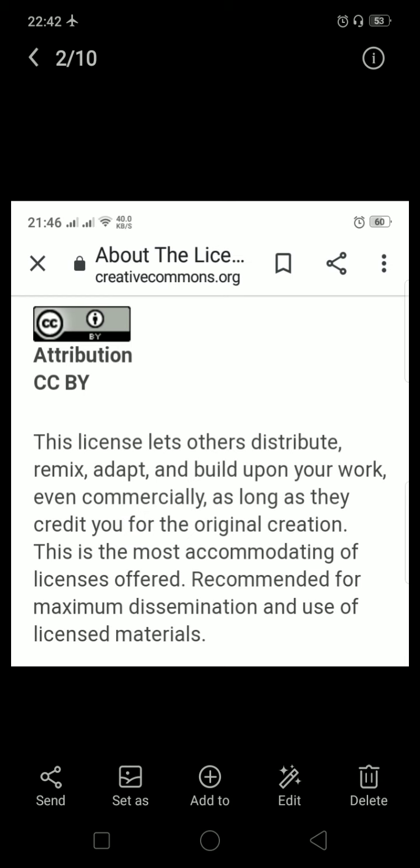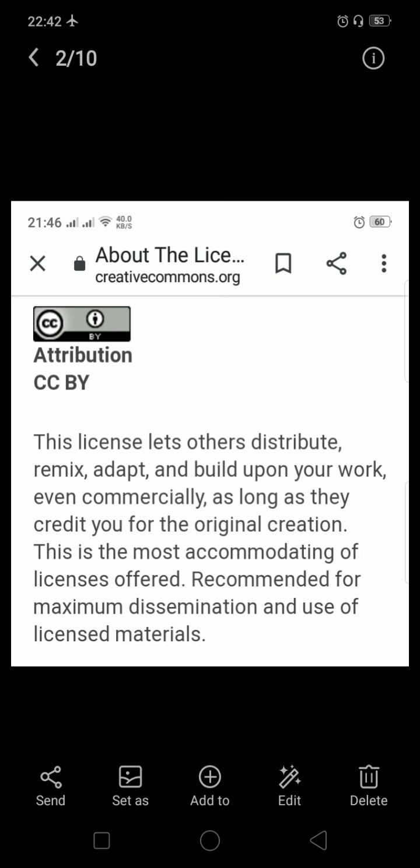Now the first type of license available on CC is called Attribution, CC BY. When you accept this license, it means you are giving all the rights to the users. What rights? They can distribute, remix, adapt and build upon your work even commercially.